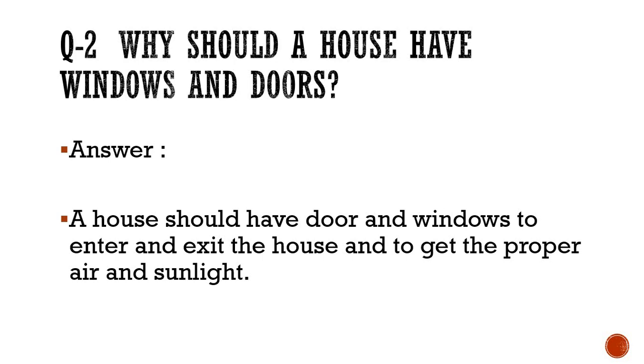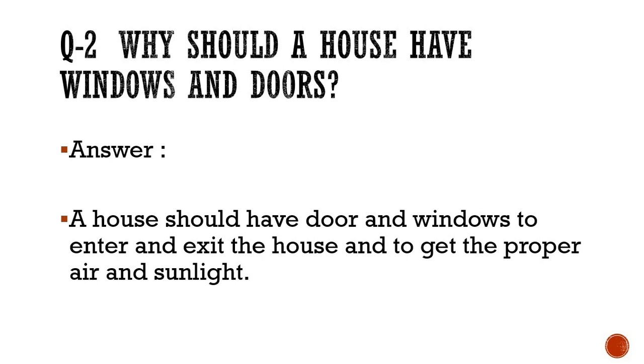At the same time, if you close the door, then from where will you get the air and from where will you get the sunlight? So for that you need the windows as well. So a house should have doors and windows to enter and exit the house and to get the proper air and sunlight.